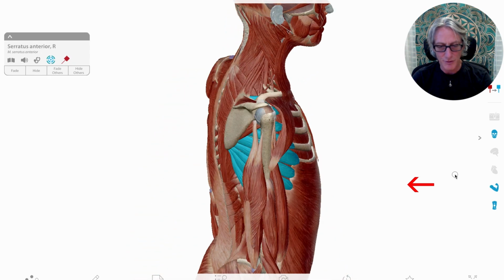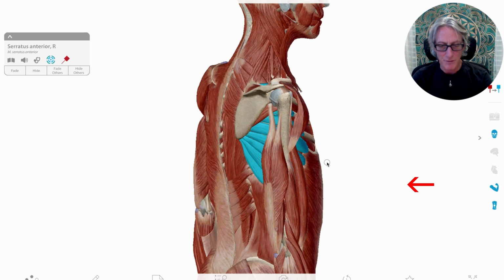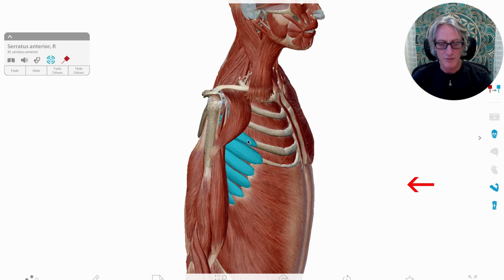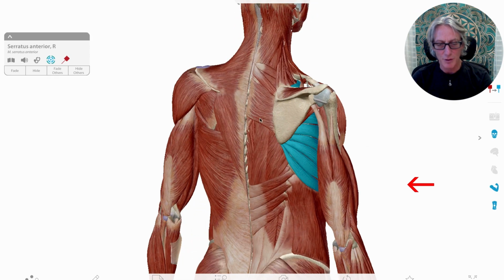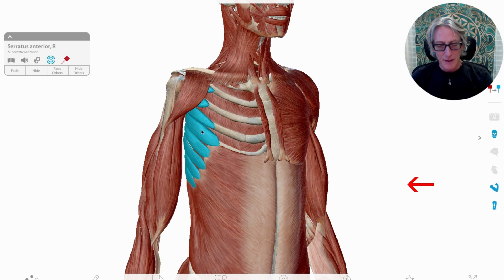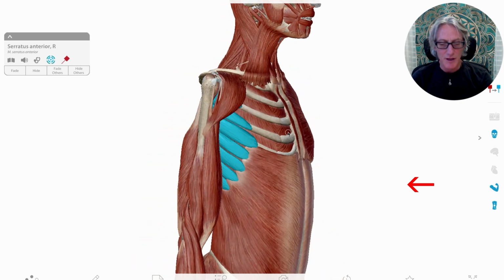The serratus anterior is a very big, broad muscle, and it's your primary protractor of the scapula, directly opposed to the rhomboids and the mid and low trapezius. And this is a primary muscle, along with your mid and low trapezius, that works during downward facing dog to stabilize that scapula.